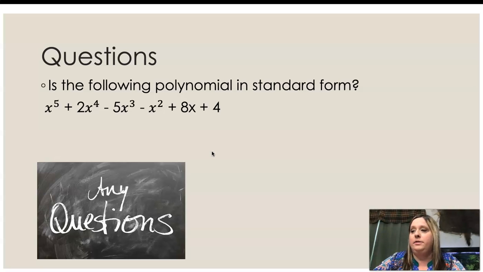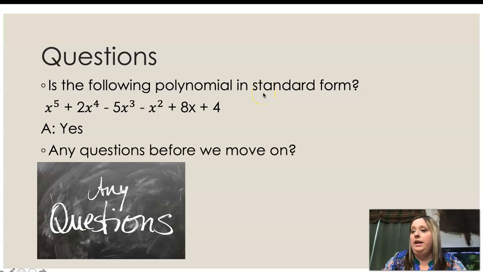How about John? No, it actually is because we go from the largest exponent to the smallest exponent. So any other questions? So John asks, is it okay to not write a polynomial in standard form? Well, there's nothing wrong with not writing it in standard form, but we do that because it makes them easier to work with.